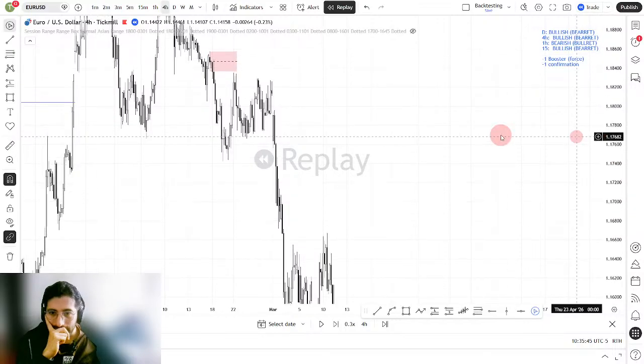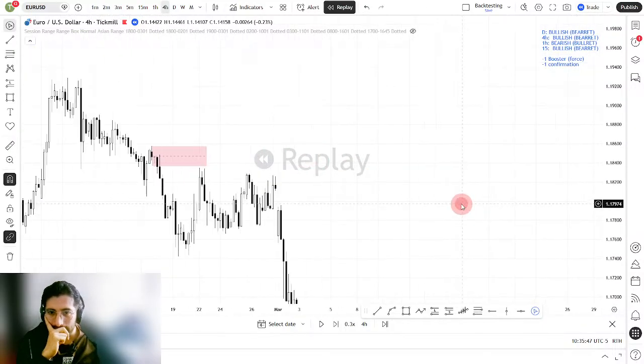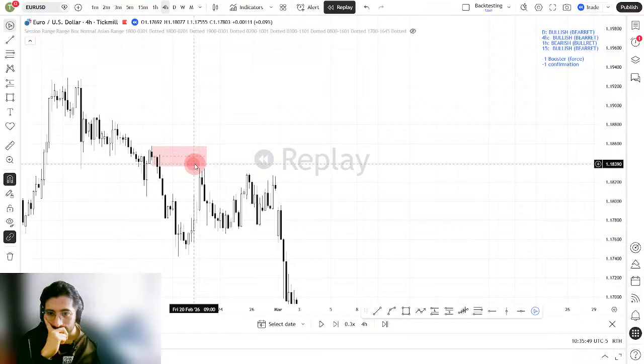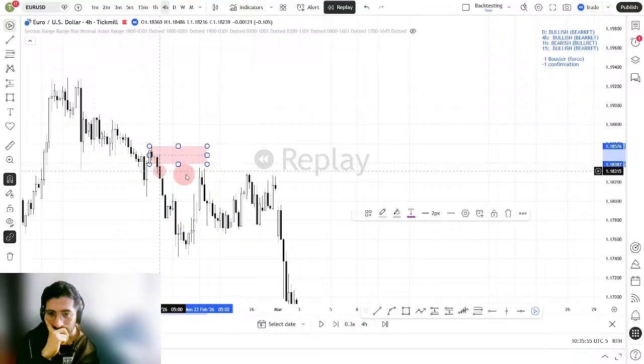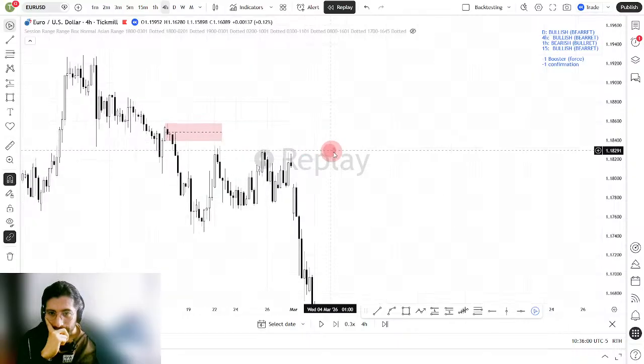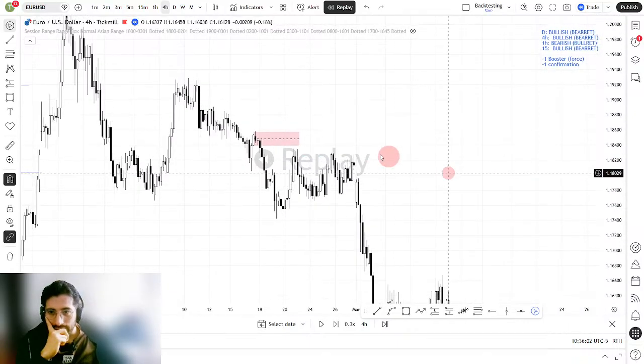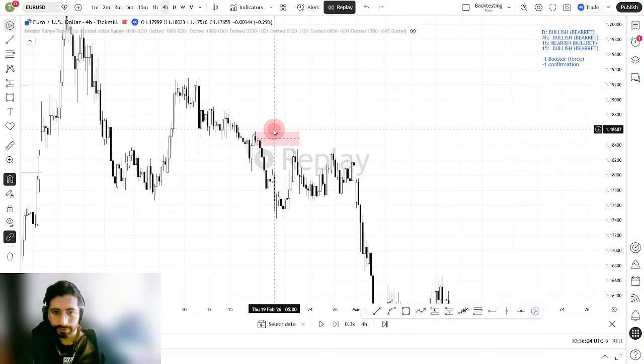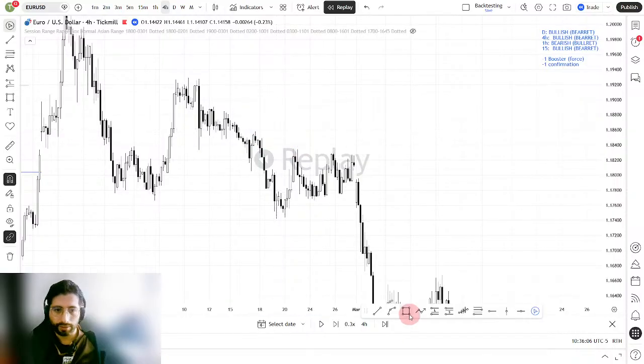No, well, I don't like one thing about this. If I take this order block, no, this is not the range beginning, unfortunately. It looks like one, but it's not.